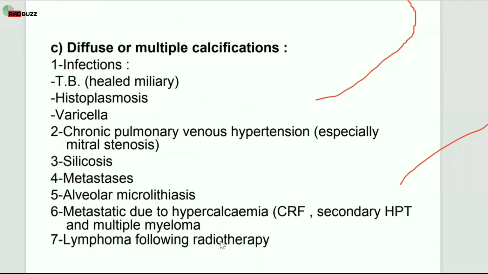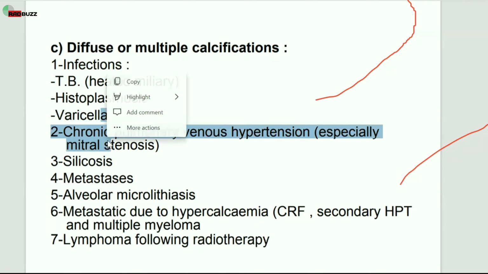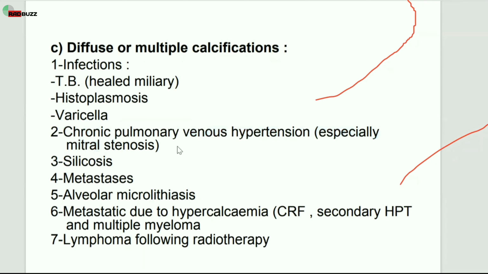If the patient has multiple or diffuse calcification in the lungs, then infections like healed miliary tuberculosis, histoplasmosis, varicella infection, which is very common, and there will be absence of nodes in such patients. Chronic pulmonary venous hypertension, especially mitral stenosis, gives diffuse multiple calcification. Silicosis calcifications are more like a miliary tuberculosis pattern spread.